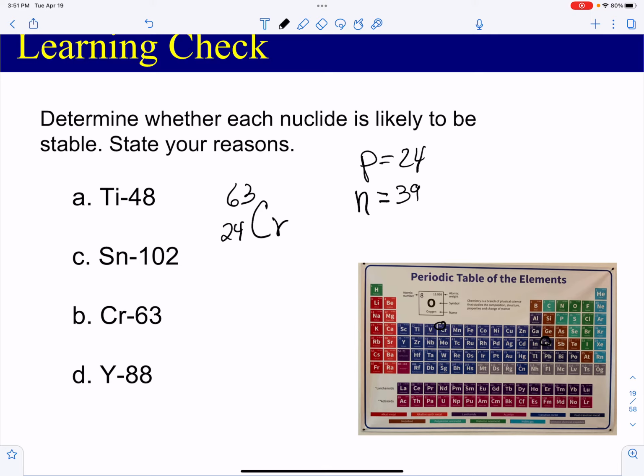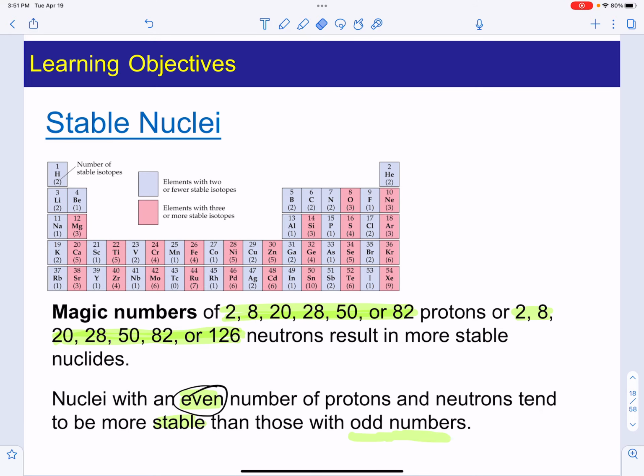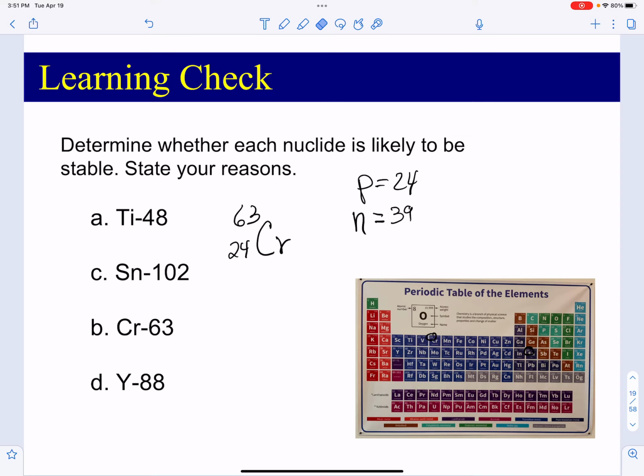So not that stable. You don't have even numbers. The ratio is not 1 to 1. And 24, is that one of my magic numbers for the protons? No, it's not. So I would say this is probably not stable. A and C are stable.